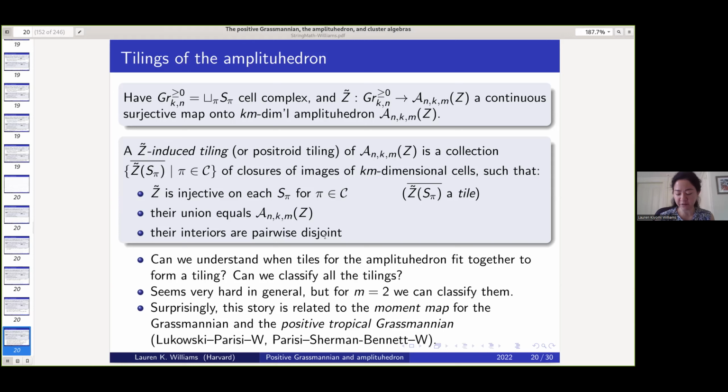And the surprise for us is that this classification of tilings is very closely related to the moment map for the Grassmannian and the positive tropical Grassmannian. Okay, so I'm going to tell you now how the amplituhedron for m=2, the amplituhedron map and tilings are related to the moment map.